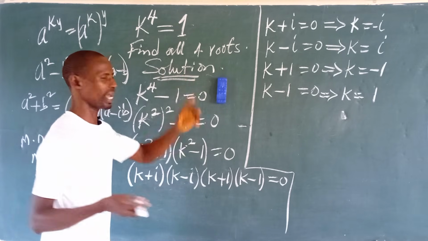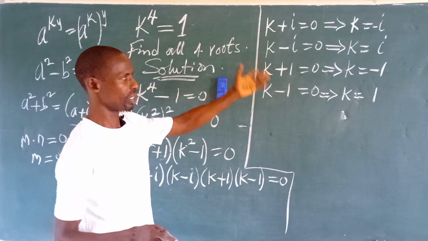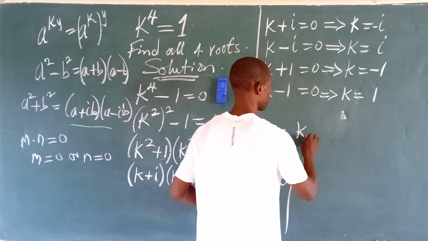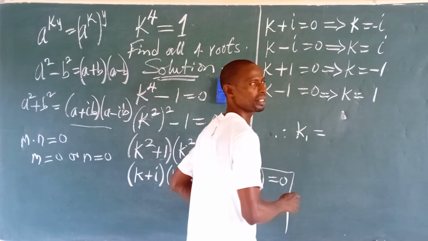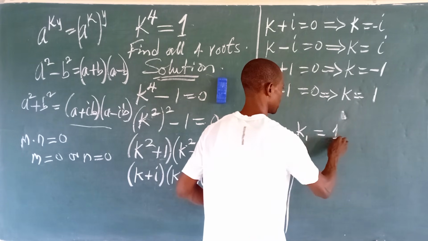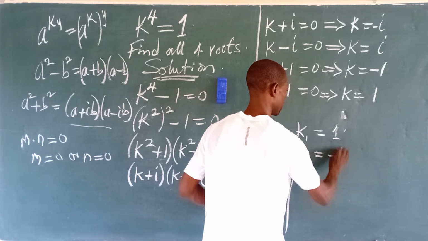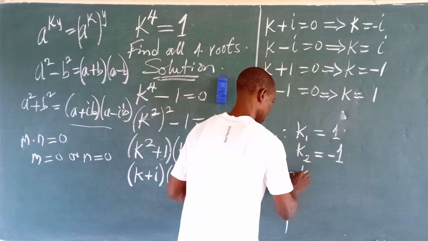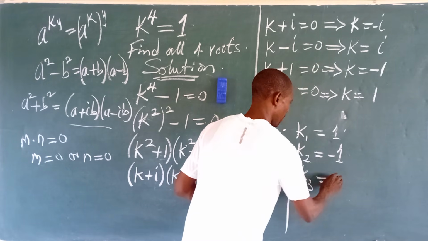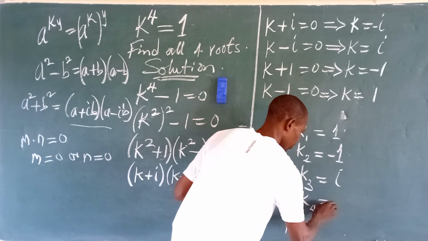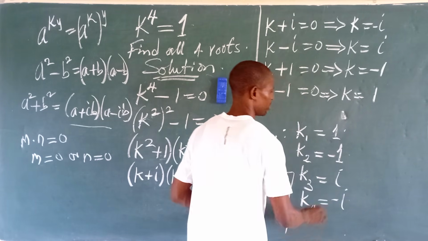So the four roots they ask us to look for are these. We can now say, therefore, k1 is equal to, let's take the real numbers first, positive 1. k2 is equal to negative 1. k3 is equal to positive iota. And k4 is equal to negative iota.